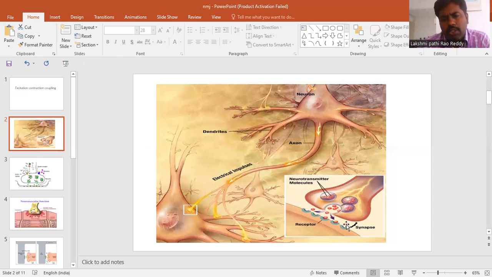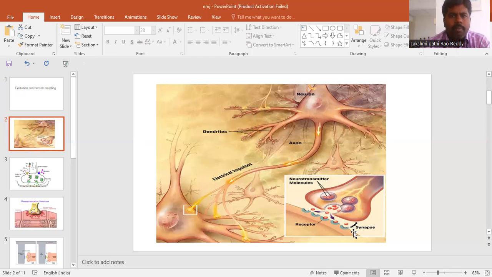This is the gap, and the junction, if the nerve fiber is connecting with the muscle fiber, we call the neuromuscular junction. If it is communicating with another neuron, then we call it a synapse. We can see clearly that this is the motor end plate. This is the presynaptic membrane and this is the postsynaptic membrane.